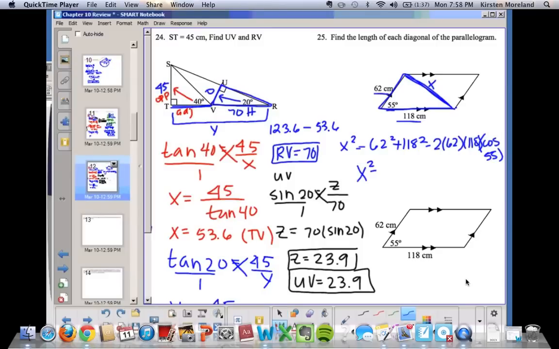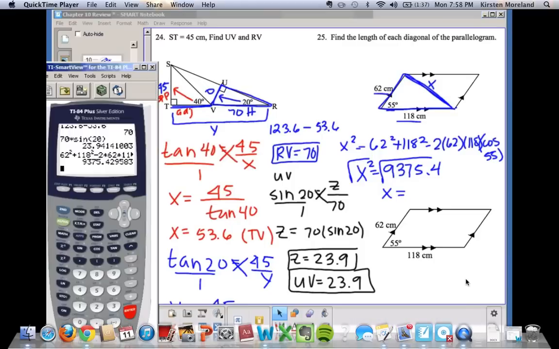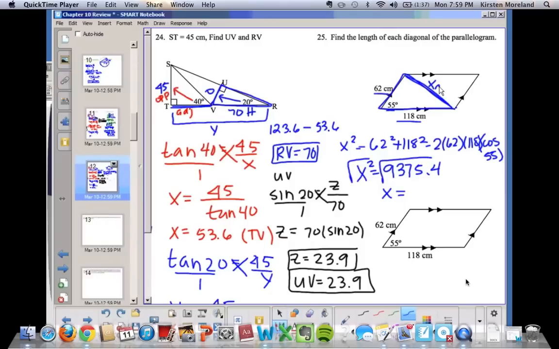And at the end, don't forget to square root that. Doesn't make sense that the side is 9,374. So when I square root it, I get 96 point... I think it's 96.8. Yep, 96.8. Now that makes sense in relation to what our other values are.